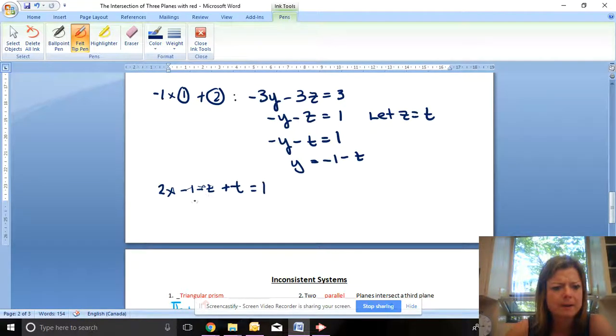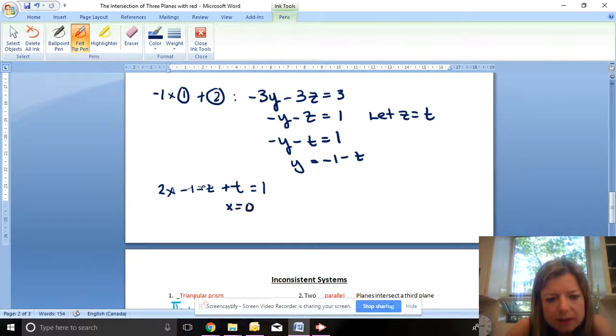So you get the t's cancel out and the 1's cancel out. So you actually get x is equal to 0, which is fine. There's nothing wrong with that. So therefore we get x equals 0 and y equals this and z equals t.